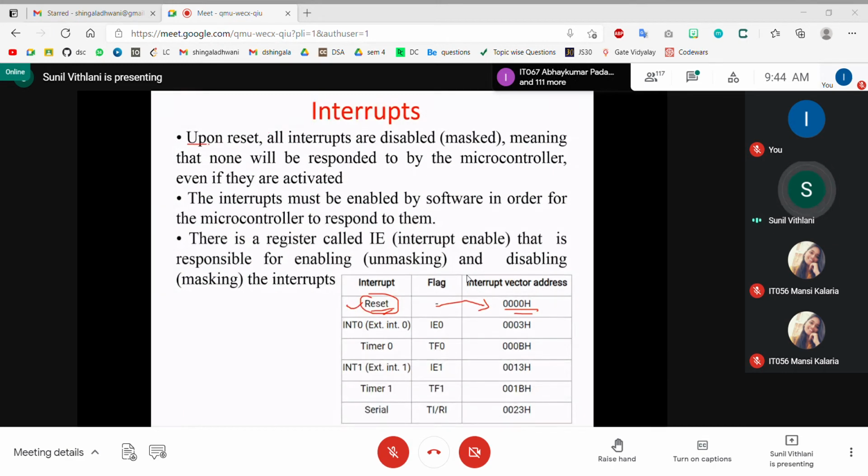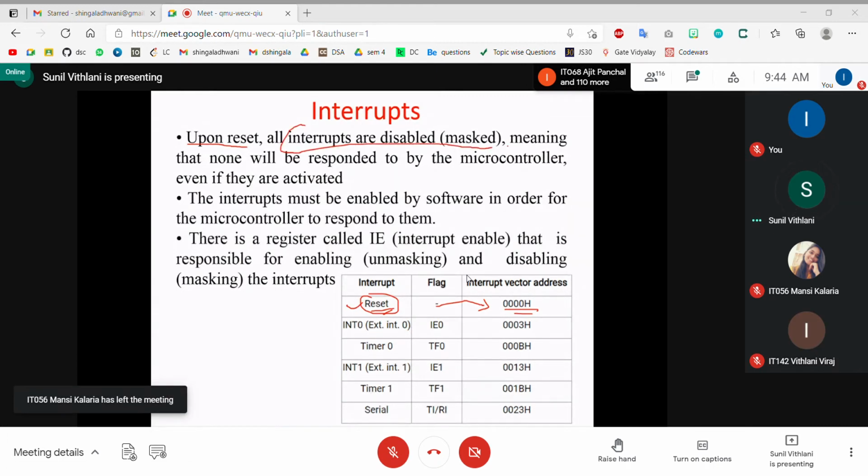Upon reset, all interrupts are disabled. So when we press reset, by default, all interrupts are disabled. Immediately after reset, if any interrupt is generated, it will not be handled. Why? Because first of all we have to enable it.